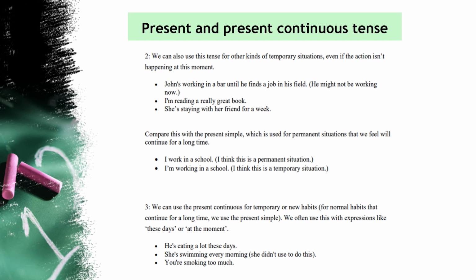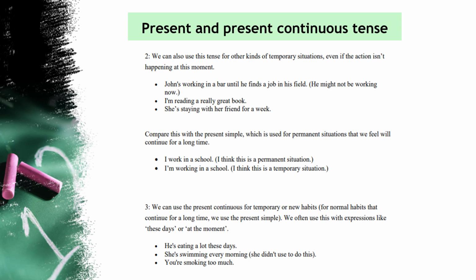We can use the present continuous for temporary or new habits. Sometimes you create some habits, but this is something temporary. You cannot just continue on that. It is only for a while or for simple events. Then I have to use the present continuous: he is eating a lot these days.